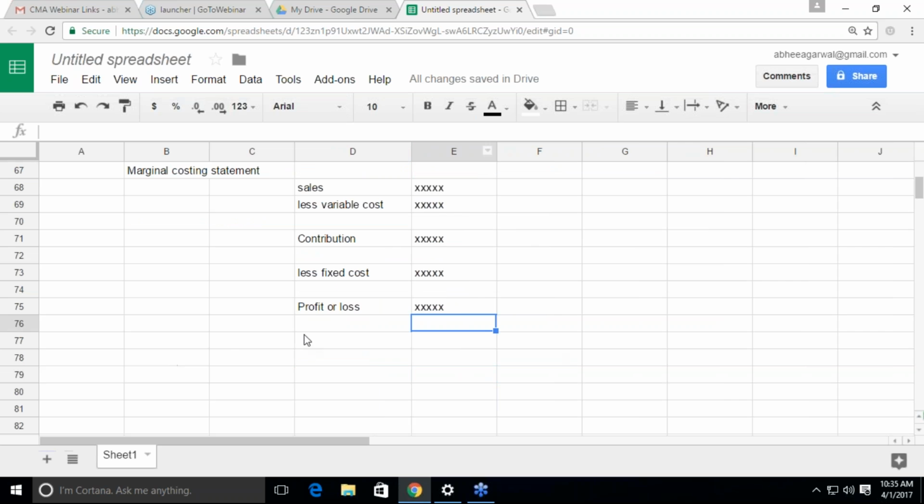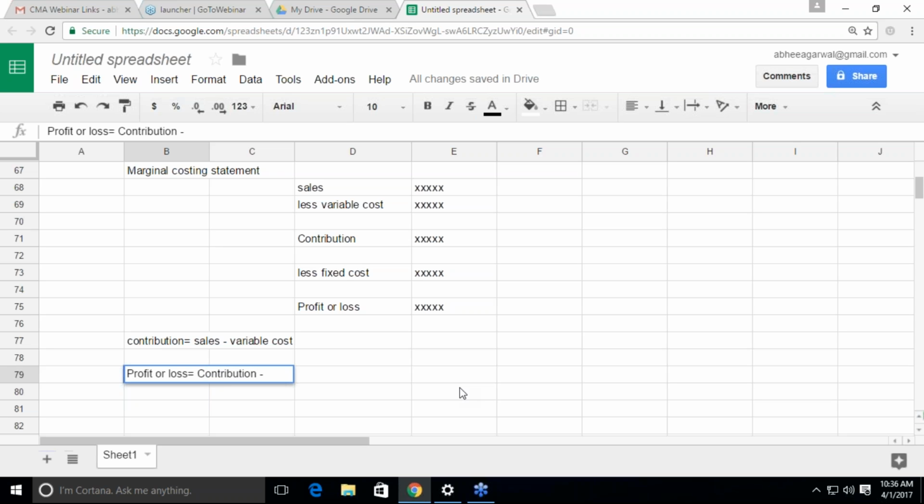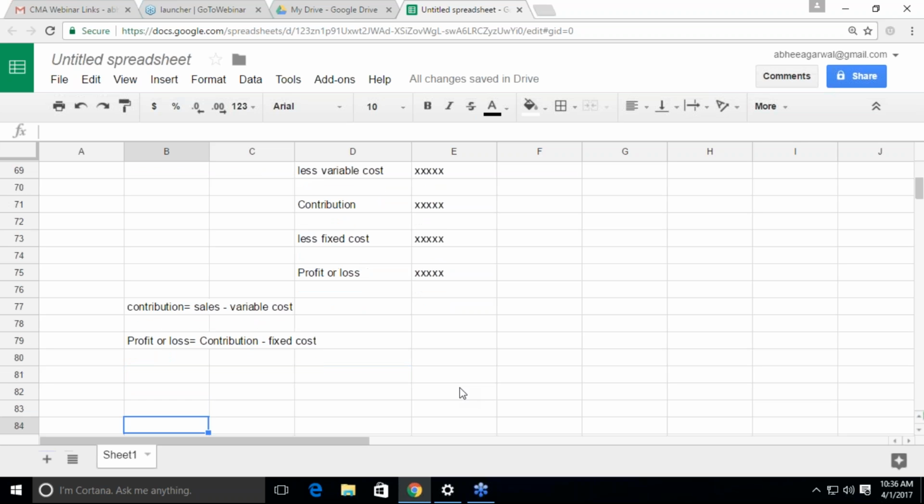Now, if I want to write all this in formula form, then I can say: contribution is equal to sales minus variable cost. Profit or loss is equal to contribution minus fixed cost.